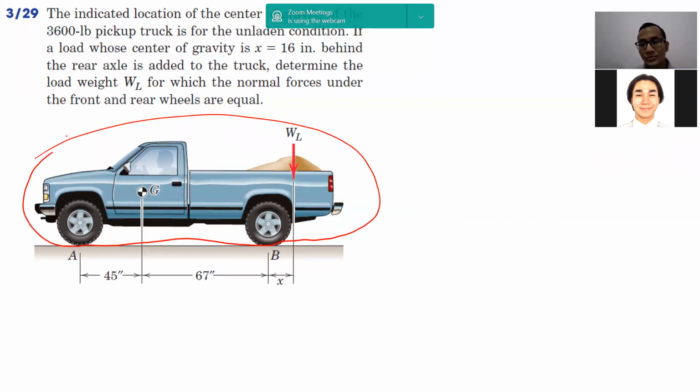The ground, we represent with the normal force at wheel A and wheel B. So you're supposed to know what problem you want to solve and draw the free body diagram which can help you solve the problem. You have to draw the free body diagram based on the problem that you want to solve.